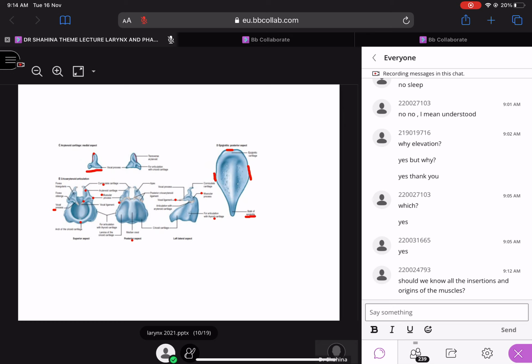Now this is your arytenoid cartilage here. So look here, guys. This is your muscular process here. You got it? This is your muscular process. I will erase things now, better.